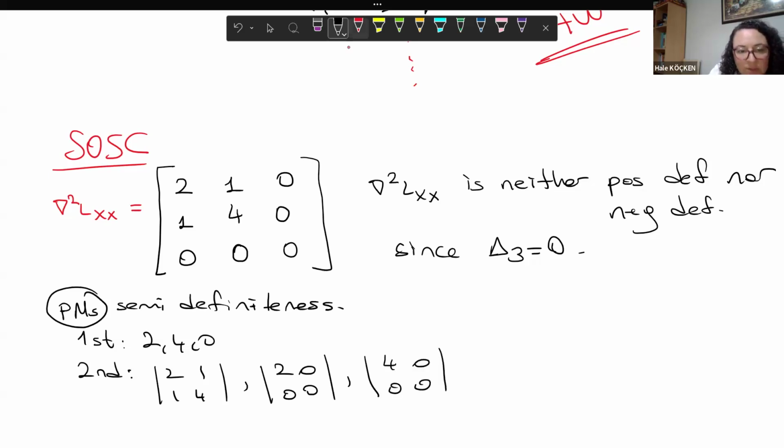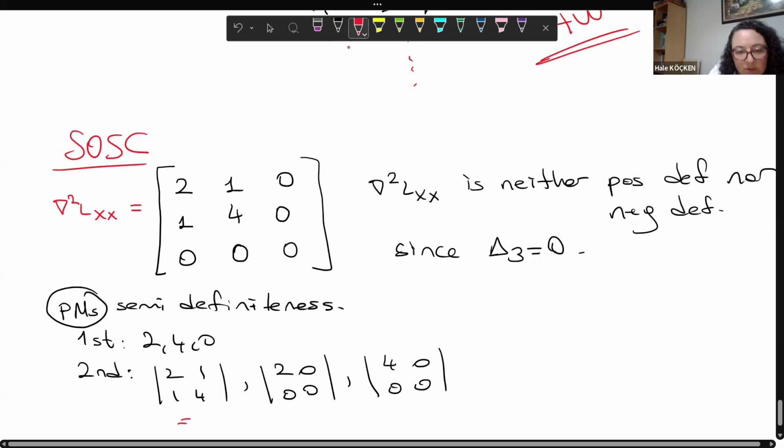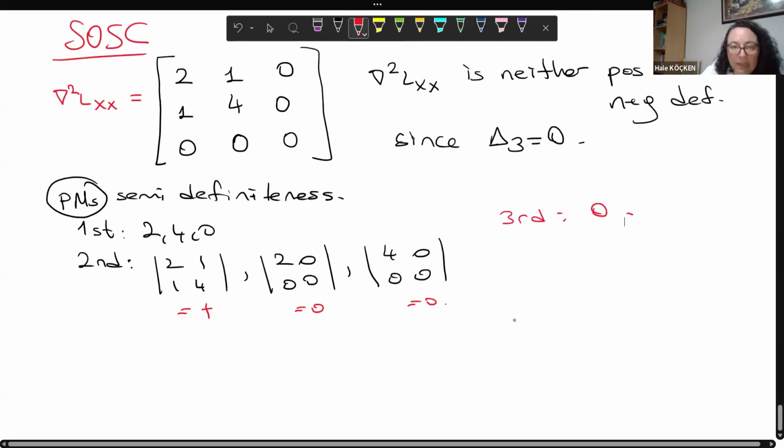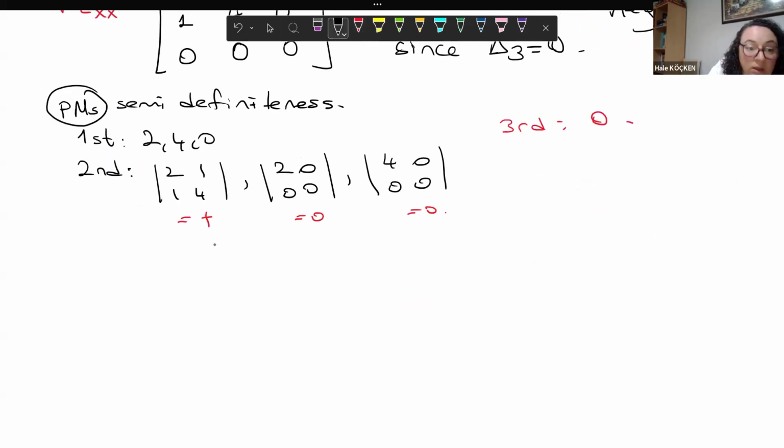And calculate them. This is positive. This is 0. This is 0. Third order PM is 0 directly, so I can conclude that Nabla square L_xx is positive semi-definite.